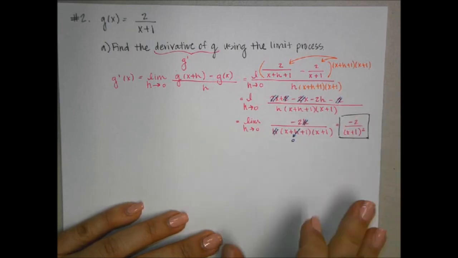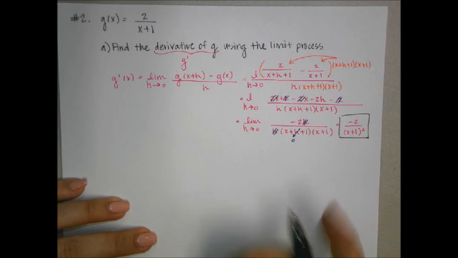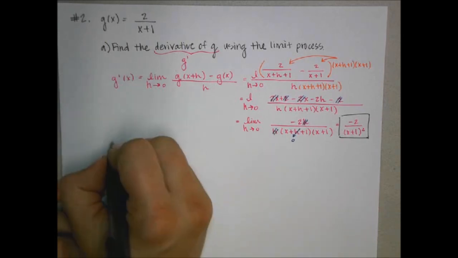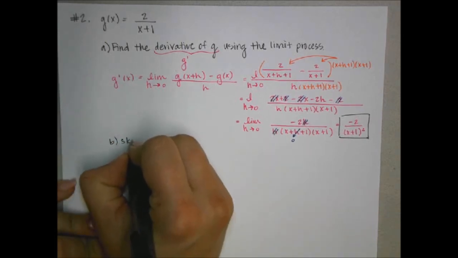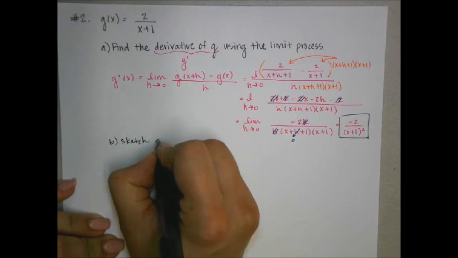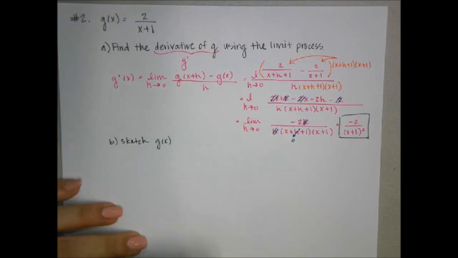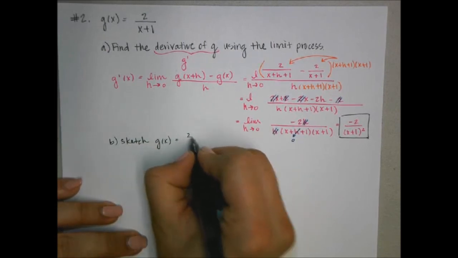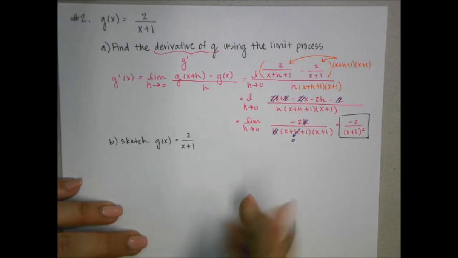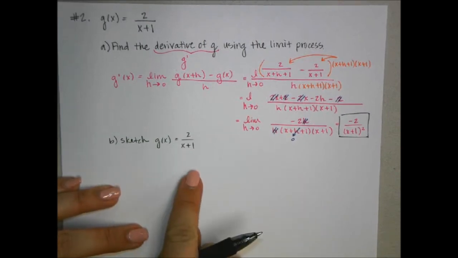So just like last time, a few more things to do here. First of all, I want you to sketch the original function. Okay, and g of x is a rational function, 2 over x plus 1. So we just reviewed this in Unit 1. So we have some asymptotes here.